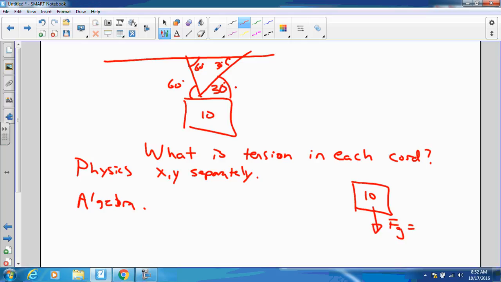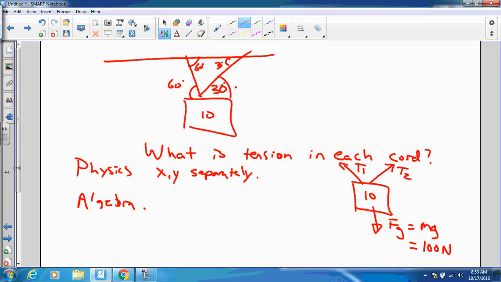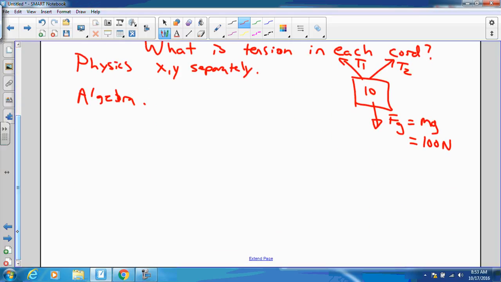The first force, of course, is the force of gravity, which is equal to mg, or in this case, 100 newtons. And the second force is this guy right here, which is T1. And the third force is going to be T2. Okay? This is the official free body diagram.